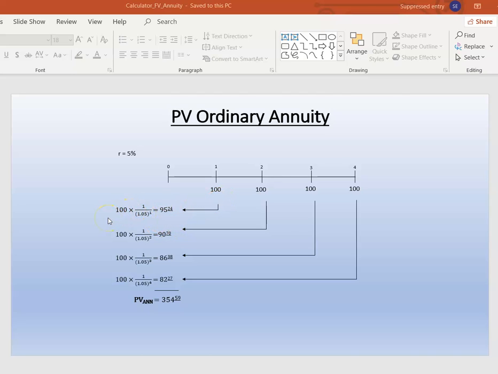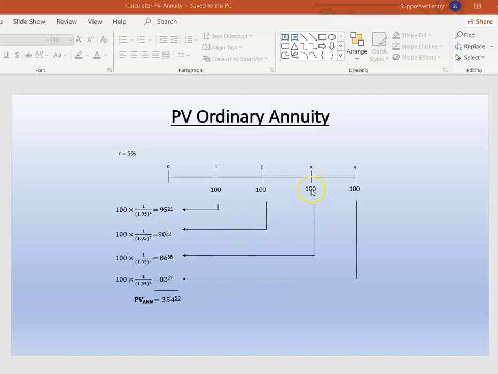We can use the traditional discounting calculation to calculate the present value of the $100 at the end of each period. For example, the present value of the $100 one year later will be $95.24. The present value of $100 2 years later will be $90.70.